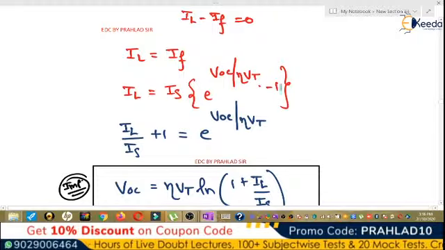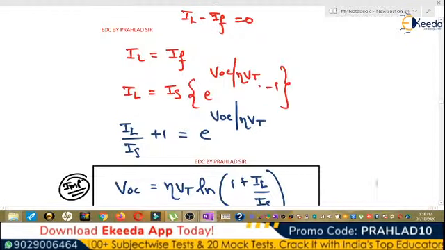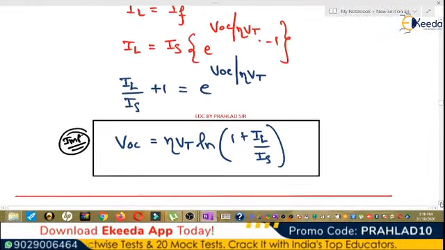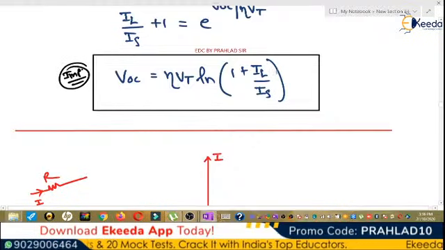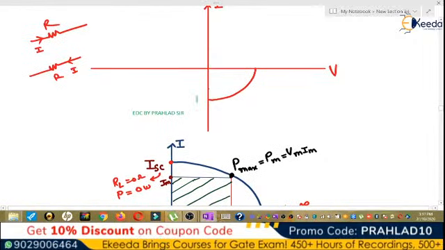So IL by IS plus 1 equals e to the power VOC upon eta Vt. So VOC is eta Vt ln of 1 plus IL by IS. This is the open circuit voltage in this case, and this is the VI characteristic of the solar cell.